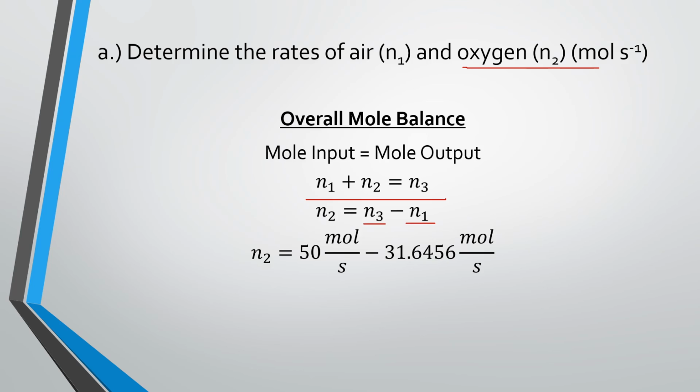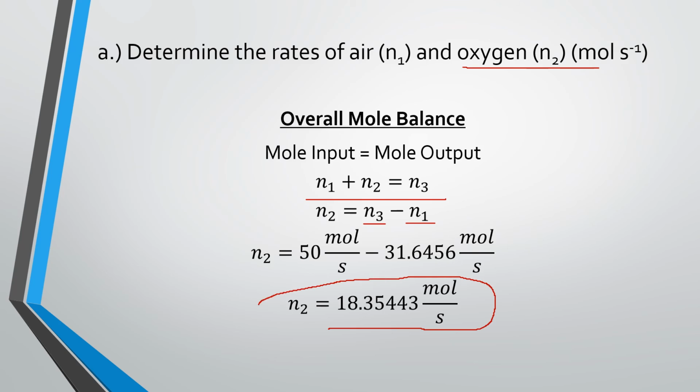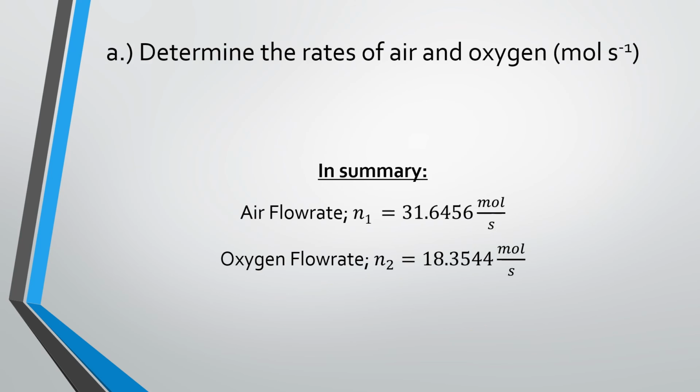Substituting the values, it results in this. Therefore, the flow rate of pure oxygen feed is equal to 18.35443 mole per second. So in summary, the air flow rate N1 is equal to 31.6456 mole per second, and the oxygen flow rate N2 is equal to 18.3544 mole per second.